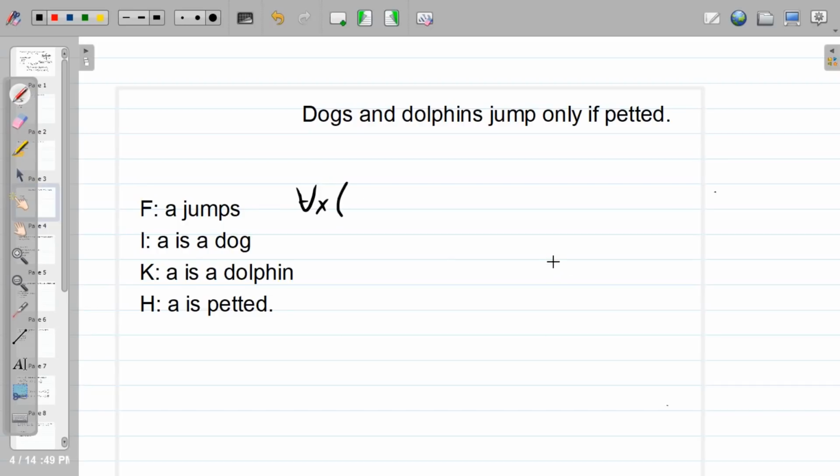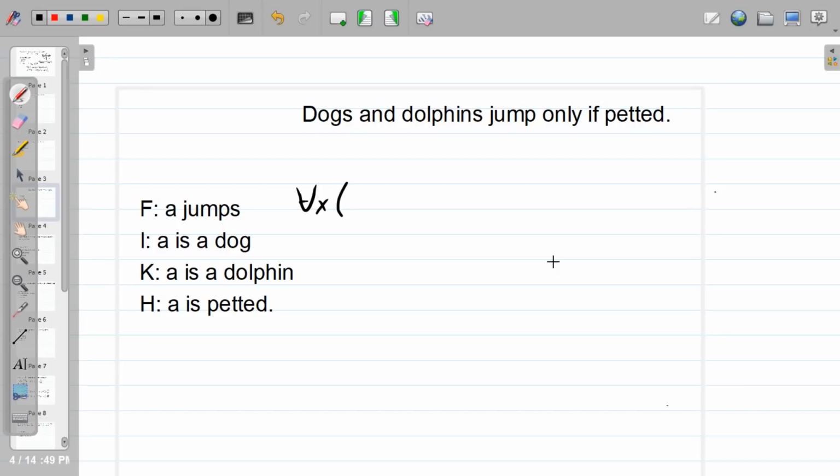And now that we know that we've got a universal affirmative, we know that it's going to be a conditional, right? Because that's how you symbolize a universal affirmative, with a conditional. Unless it's one of those really weird ones that's just everything in the universe has this property. If it was everything in the universe jumps only if petted, then that would be just a conjunction. But in here, we've narrowed it down to less than the entire universe, right?